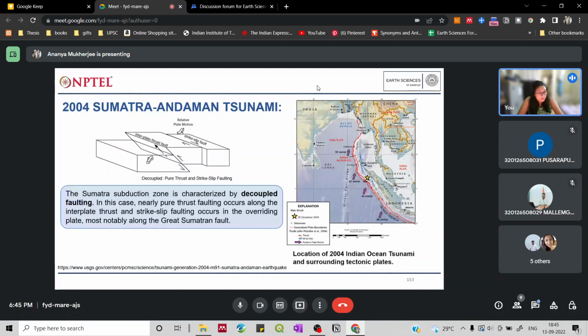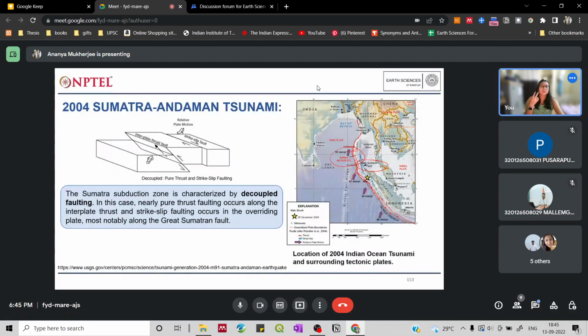These arrows are actually the movements of the Indian plate. The Indian plate is partly moving this side, and it's also subducting over here, and there are some micro plates probably attached to the Indian plate. And this is the Great Sumatran Fault, along which the deformation had taken place.